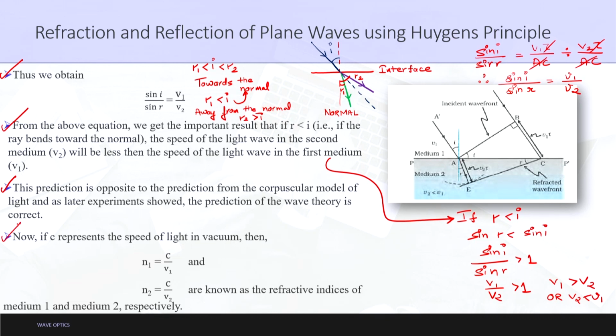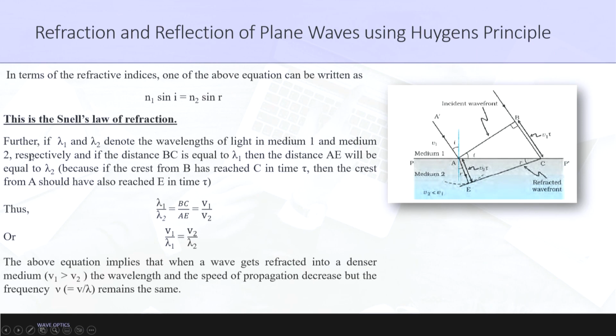This is just a mathematical thing, you just need to remember this formula. Next, in terms of refractive indices, one of the above equations can be written as n1 sin i is equal to n2 sin r. How does this come? Let us suppose we have these equations: n1 is equal to c by v1, n2 is equal to c by v2. Let us write these as equations 3 and 4.